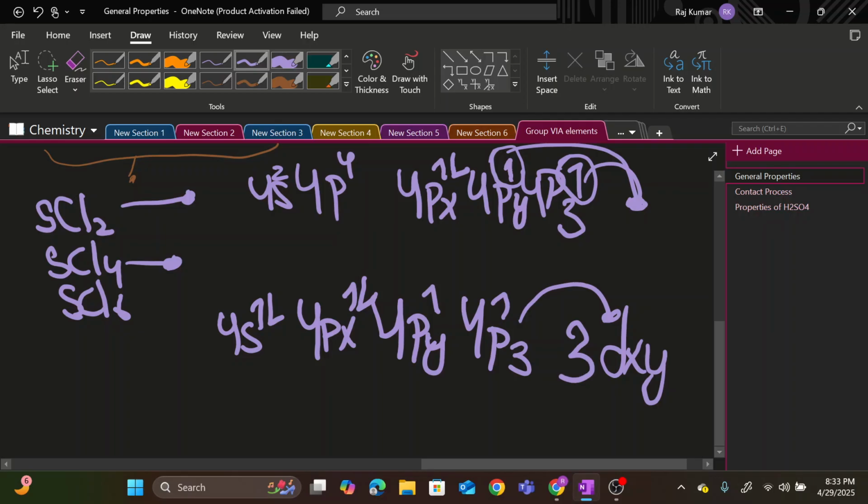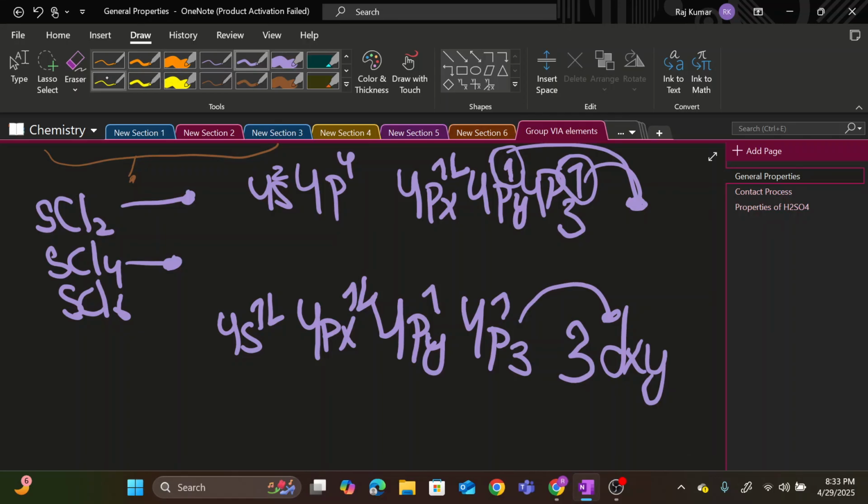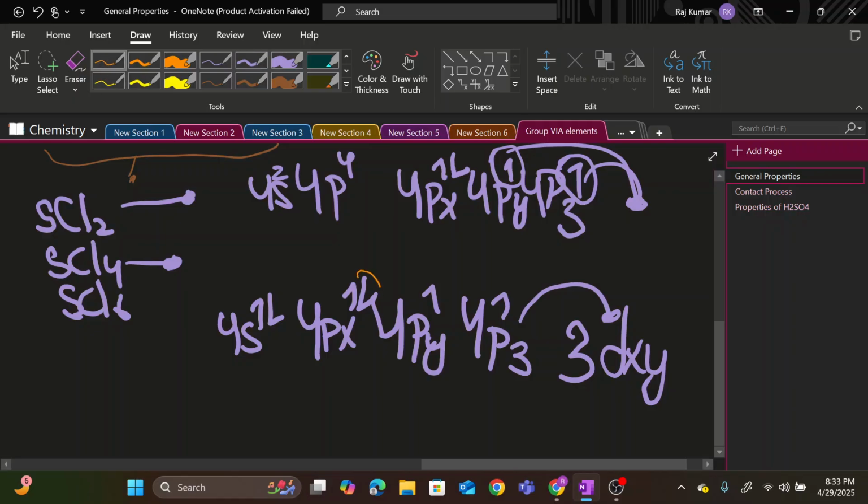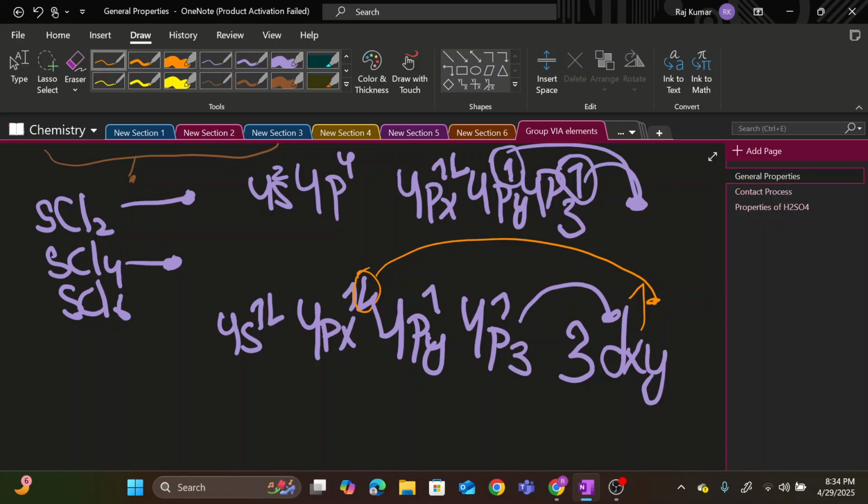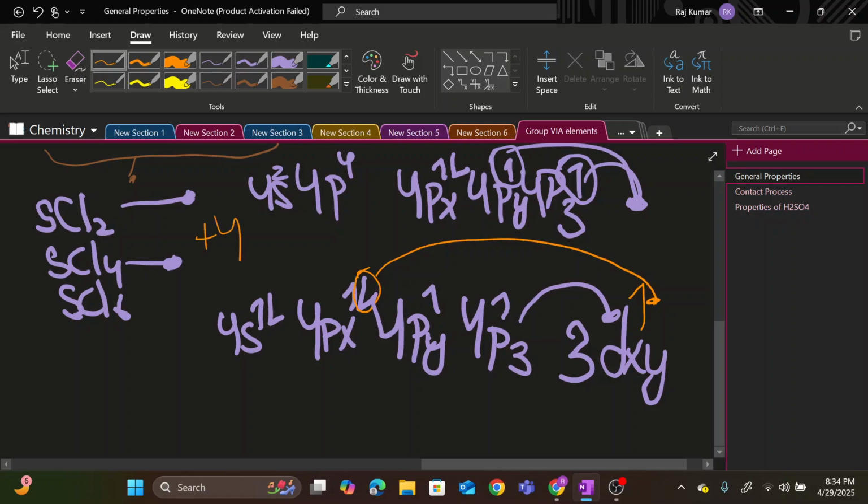In this orbital, I'm going to transfer this electron, which is present in px, right? In that way, I have got four valencies now. This is unpaired, this is unpaired, this is unpaired, this is unpaired. So four more electrons can be given in order to complete its valency, and in that way a +4 oxidation state can be achieved.